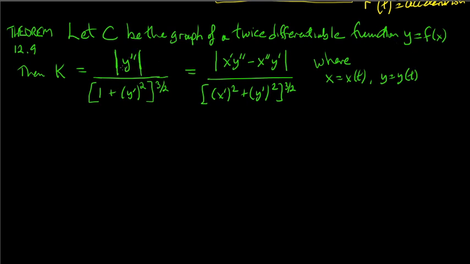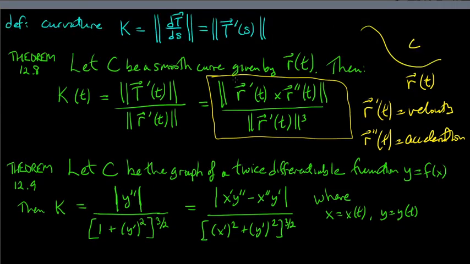So y double prime is just the second derivative of the function y. And if it's negative, just make it positive. So curvature by its definition will always be positive. It's the magnitude of a vector, which is positive, or at least non-negative, I should say.